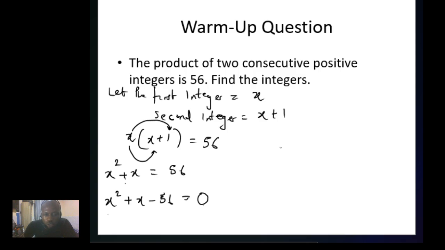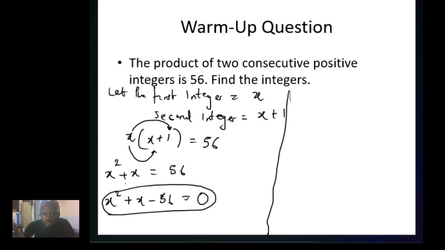This is what we call a quadratic equation. We have been able to set up a quadratic equation. So the next thing is for us to solve it. Let's solve this quadratic equation and get our final answer.